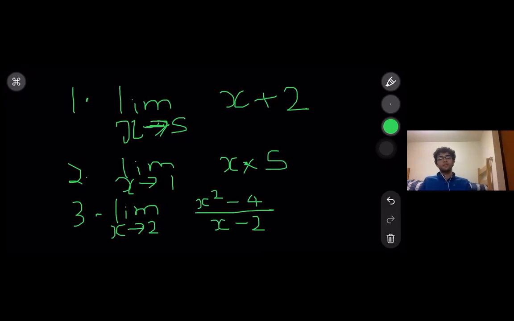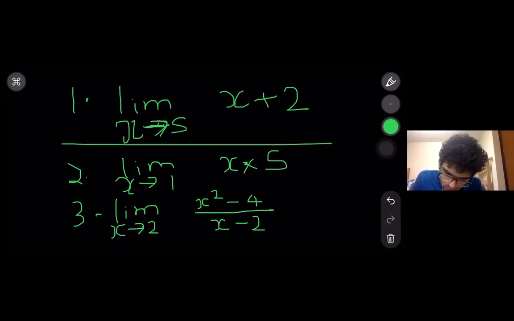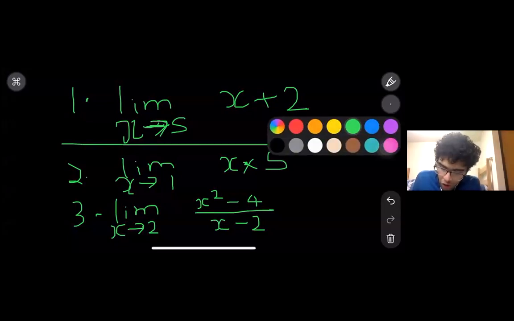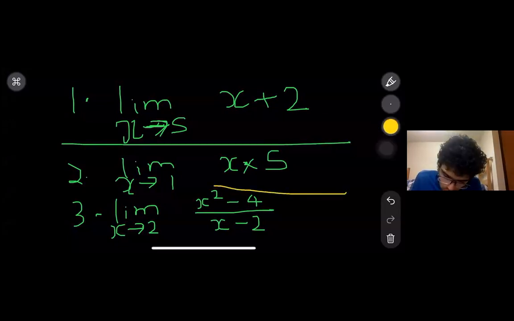Let's start with the first question. Can you all type the answer? What happens as x approaches 5? What happens to x plus 2? 7. Good. Good to know that at least one person here knows addition.